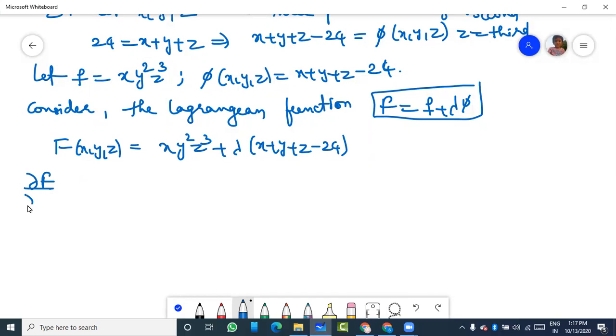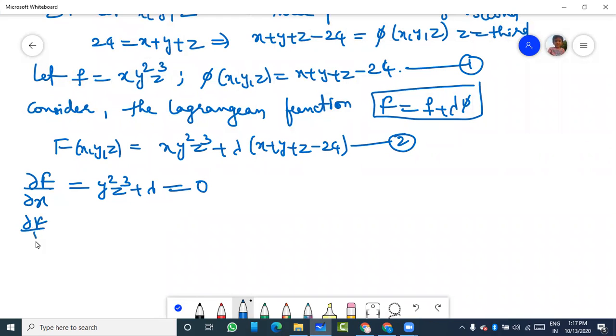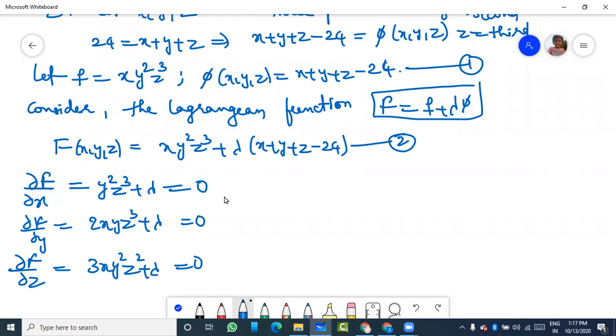And we differentiate with respect to x, y, z partially. Dou f by dou x equals y square z cube plus lambda into 1, the remaining terms will be 0. Let it be equal to 0. Here it is equation 1. Dou f by dou y is equal to 2xyz cube plus lambda equal to 0, equation 2. Dou f by dou z equals 3xy square z square plus lambda equal to 0.